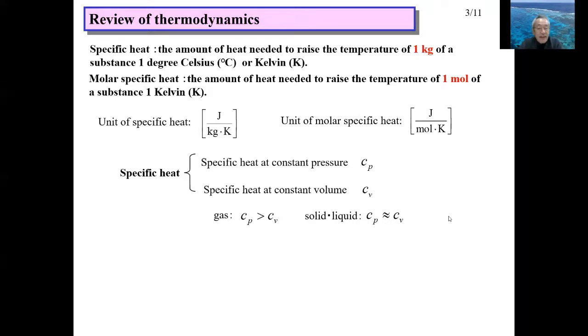If the gas does not expand, the supplied heat will not be used for the work to the outside. Therefore, the gas can be heated efficiently. This is the reason why the specific heat at constant pressure Cp is larger than the specific heat at constant volume Cv.